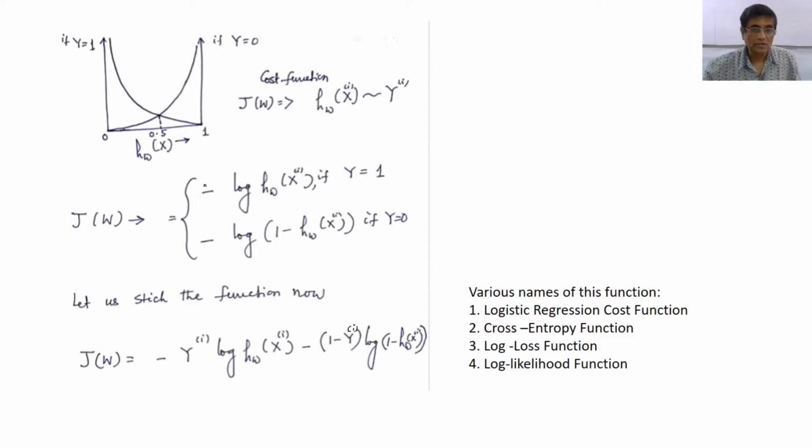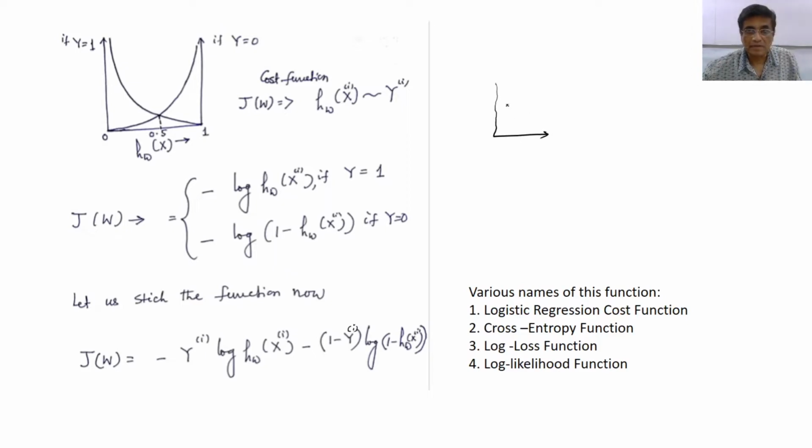And that's how these two parts of one function evolved, and they cross at a point, say 0.5 probability. That means here the entropy is maximum.